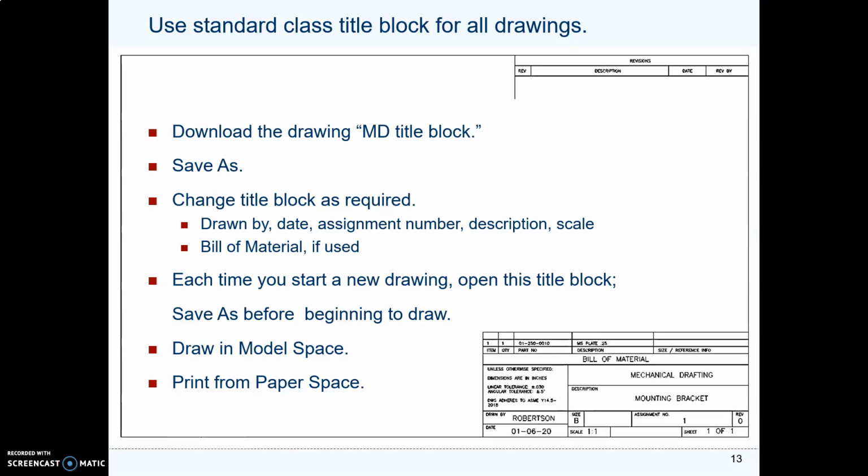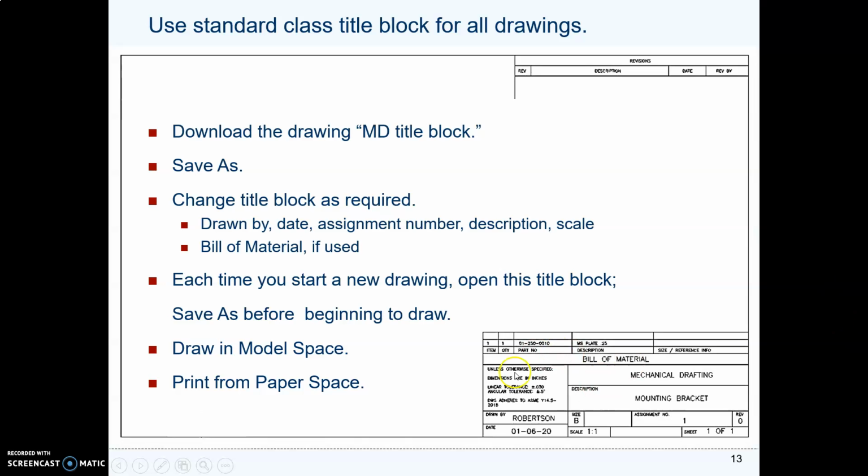So we'll have a standard title block. I've already set this up for you, so you'll have a standard title block at the top of your Moodle course, and I'll show you where to find that probably next time. You'll want to download that to your own computer and do a save as and save it with your name and maybe change stuff here, put your name in there.